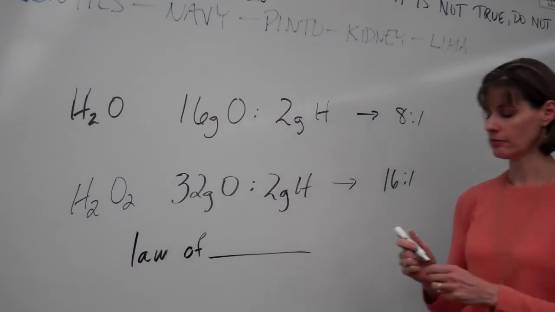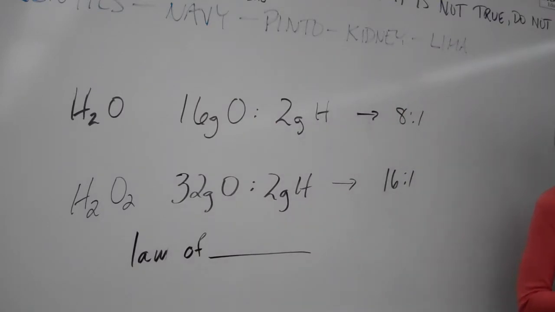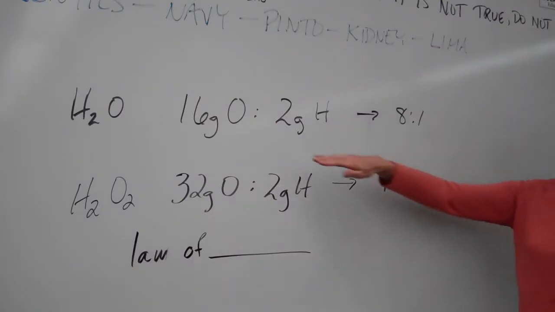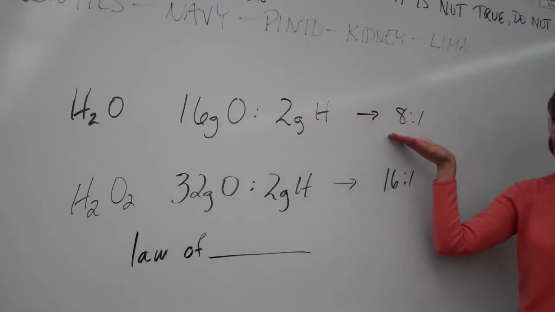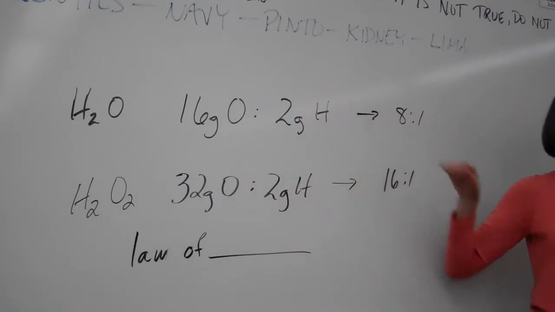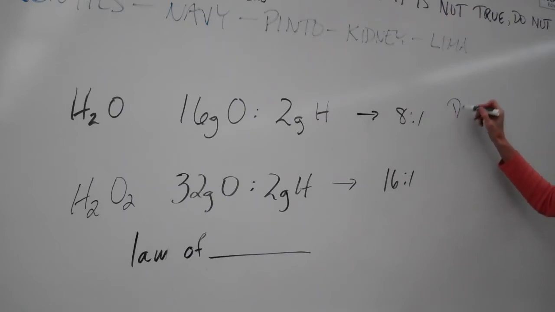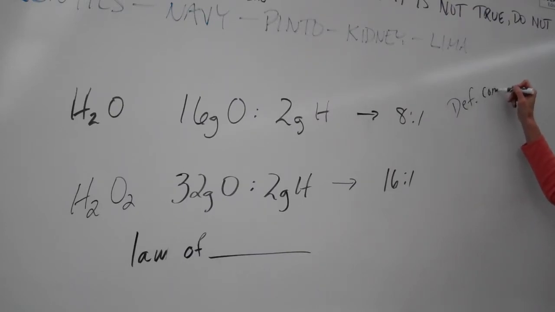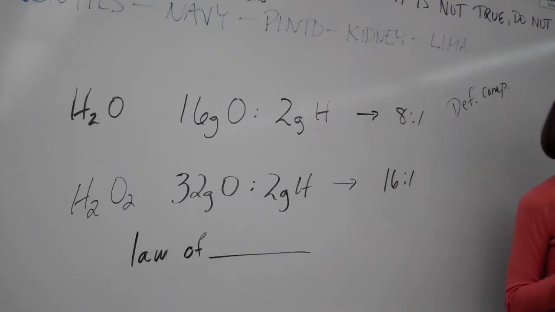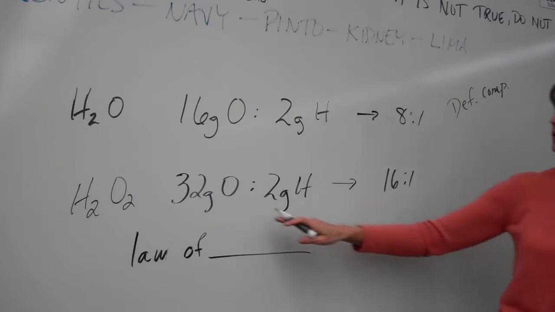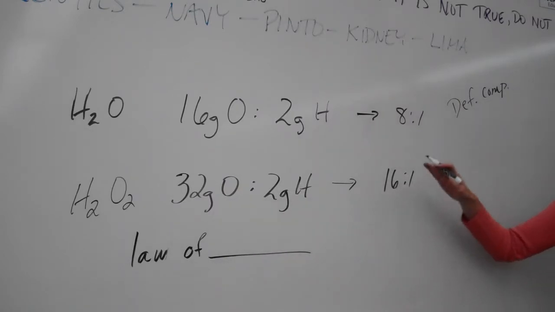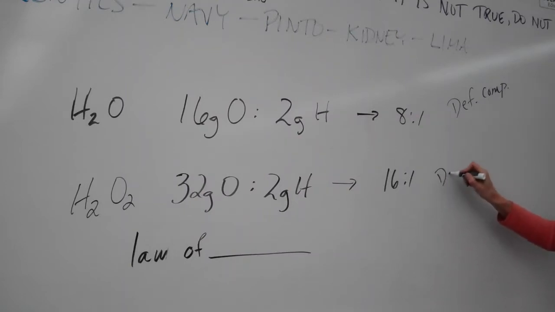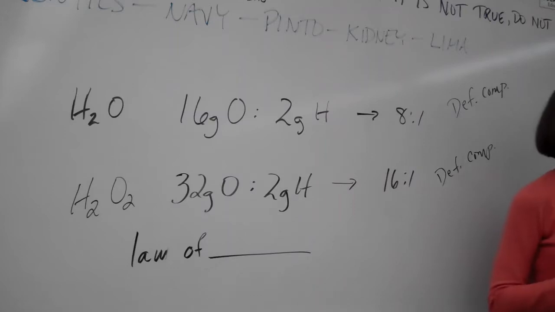Law of what? Well, the fact that it's a 16 to 2 or an 8 to 1 ratio within water is an example of definite composition or definite proportions. The fact that it's 32 to 2 or 16 to 1 in hydrogen peroxide is law of definite composition or definite proportions.